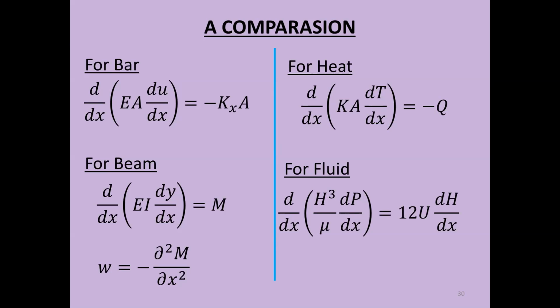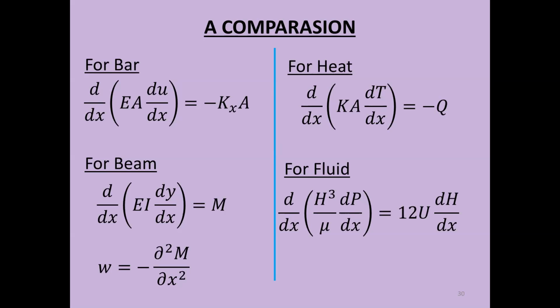If you compare the differential equation for a bar with the differential equation for heat, you can notice that in bar we have E and A, while in heat we have K and A. Similarly, on the right hand side we have Kx into A, while for heat we have Q. So this means that if you replace elasticity by thermal conductivity, you can very well convert the program made for bar into a program for heat.